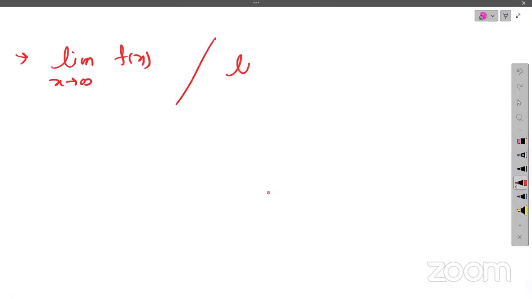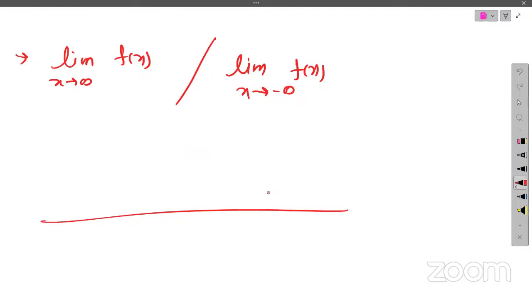So if someone asks you about asymptotes, you have to find the limit as x goes to infinity of f(x) and the limit as x goes to minus infinity of f(x), because the function can have two horizontal asymptotes.